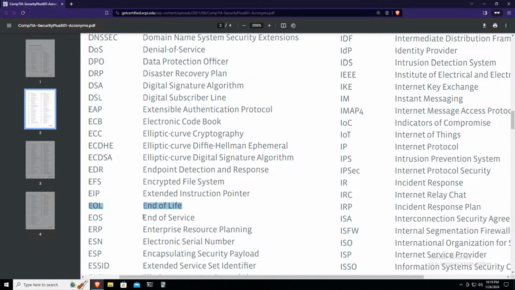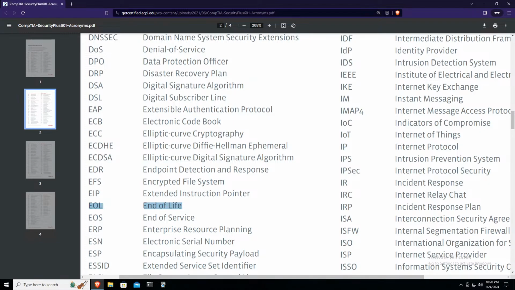So like Windows Server 2016, or sorry, the Dell servers that are in big data centers. Those can go EOL. Windows Server 2016 has gone EOL, at least I think so. I don't think there was an extended shelf life on it.